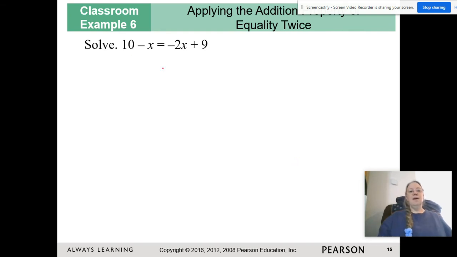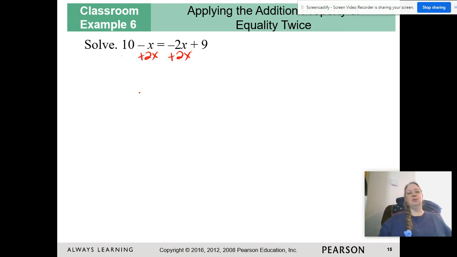All right. Notice I've got a variable on both sides. I also have a number on both sides. Do the variable first. So notice I've got a negative 2x and a negative x. I could add x to both sides, but if I do that, I will end up with negative 2 plus 1, which is still negative. So instead, I'm going to add 2x so that I end up with a positive x.